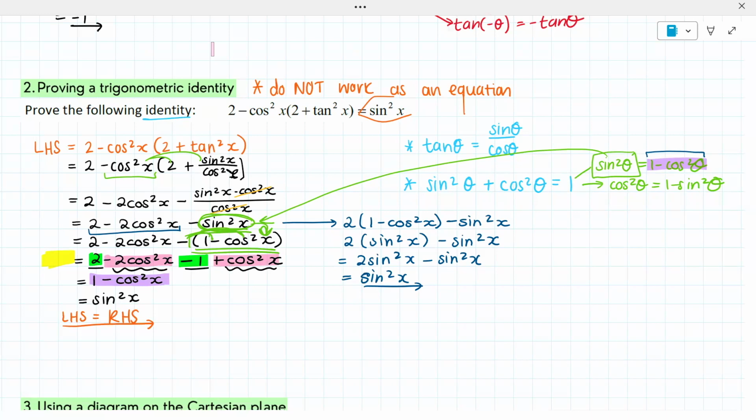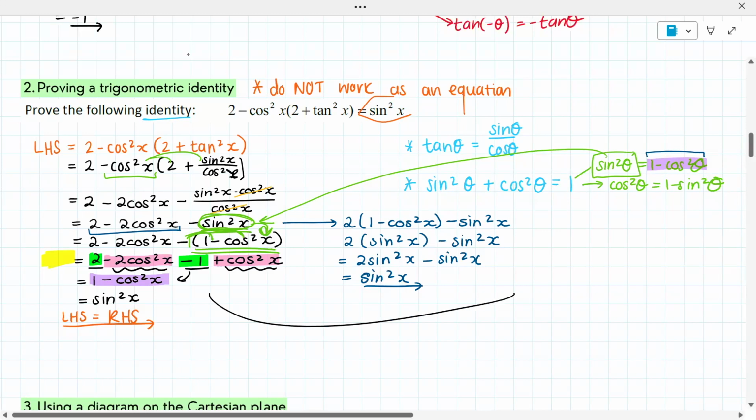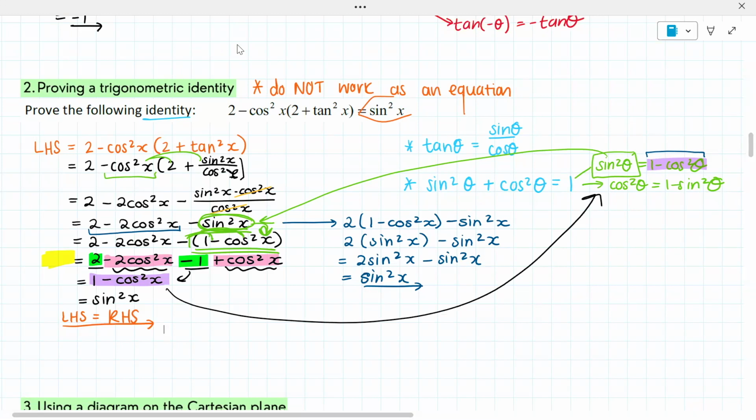Negative 2 cos squared x plus cos squared x is negative cos squared x. So I'm just adding and subtracting the like terms, and that's where I ended up with my 1 minus cos squared x, which was that identity that we were looking at earlier. So through adding and subtracting my like terms, I was able to now apply the identity of sine squared x. Does that make a bit more sense?